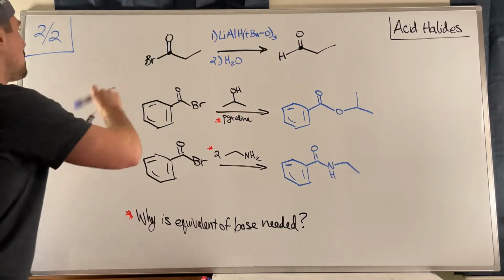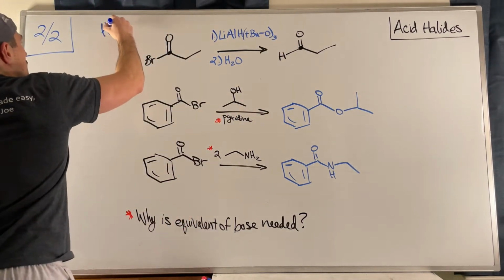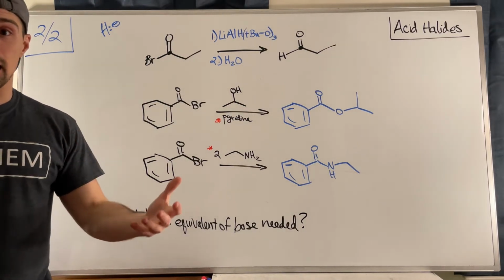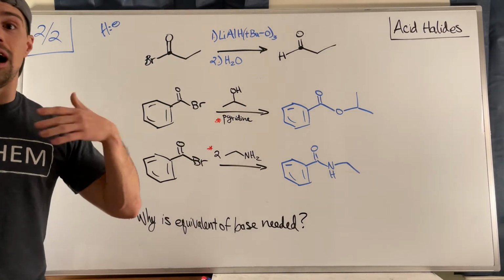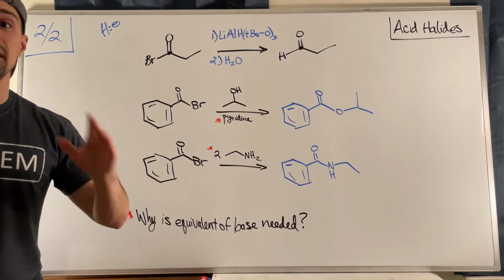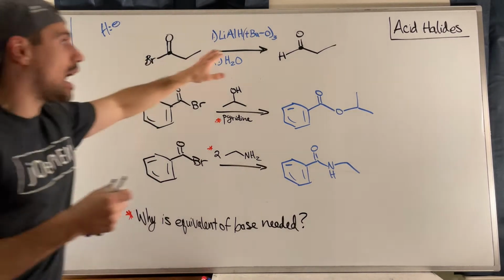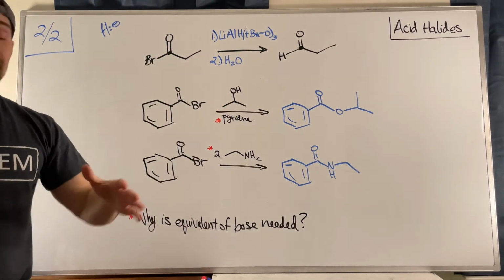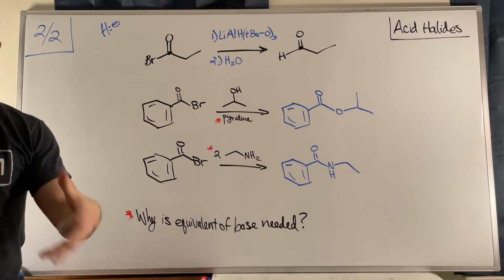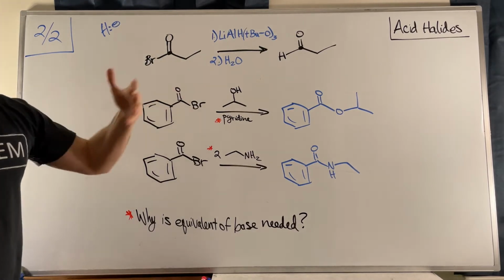So what you might be thinking is we need a source of H minus. And remember, we have all these sources of H minus now, right? We have NaBH4 and ethanol, we have lithium aluminum hydride. Here we need a source of hydride that is not that reactive because we have a very, very reactive carboxylic acid derivative, the most reactive.